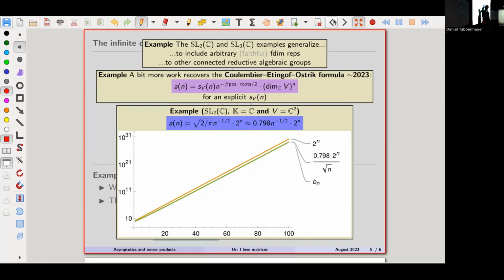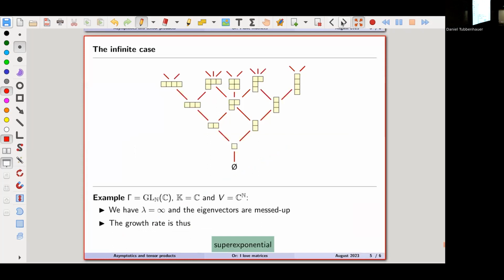There's a correction factor which you can write down explicitly, gamma function, if you want that, for any reductive group. And then it's n to the minus the number of positive roots over 2 times the dimension of the representation, and you just get that from opening the right paper. It's absolutely crazy.